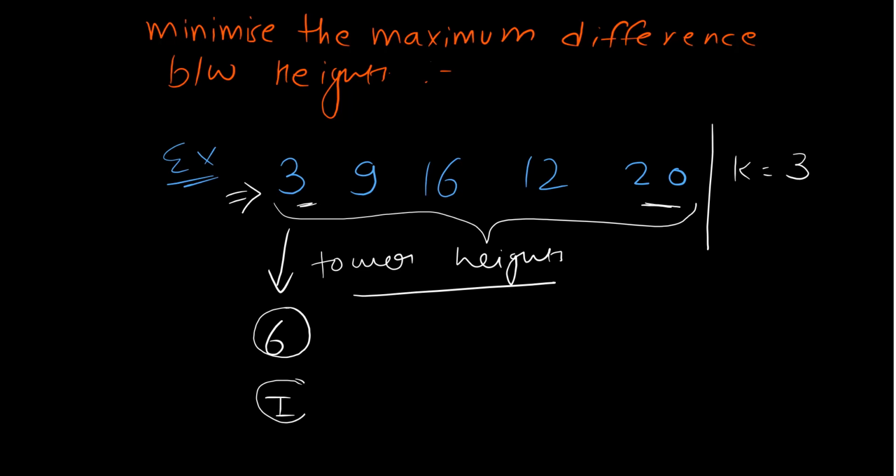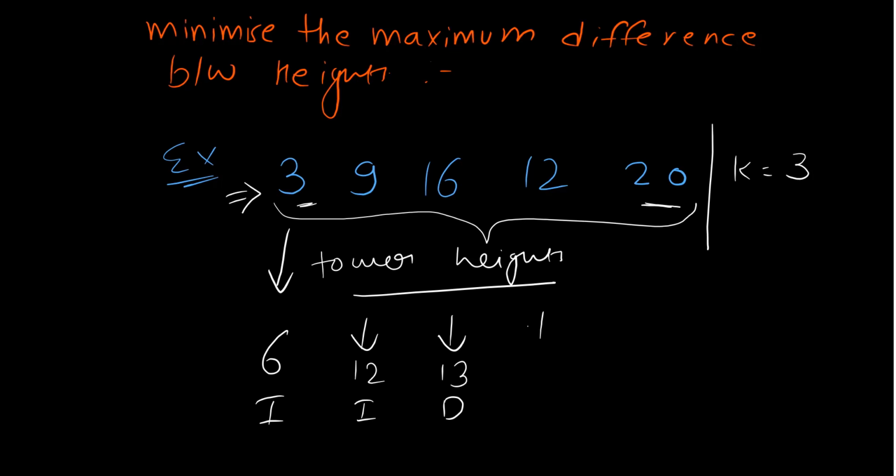Suppose you do this. Suppose you increase its height by 3, it becomes 6. Suppose you increase its height also by 3, it becomes 12. Now you decrease its height by 3, it becomes 13, and you decrease its height by 3, it becomes 9, and you again decrease its height by 3, it becomes 17.